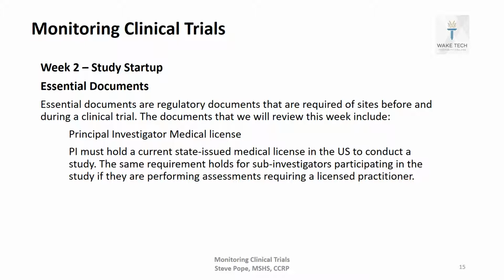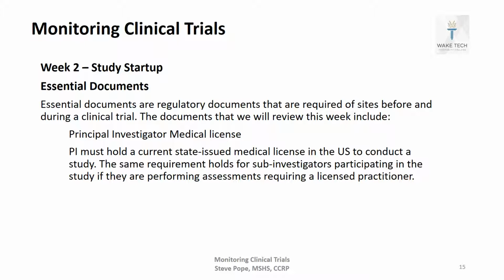We want to review the principal investigator's medical license. The PI must hold a current state-issued medical license in the United States to conduct a study. The same requirement holds for sub-investigators participating in the study if they are performing assessments that require a licensed practitioner.